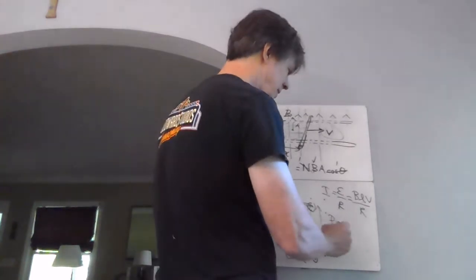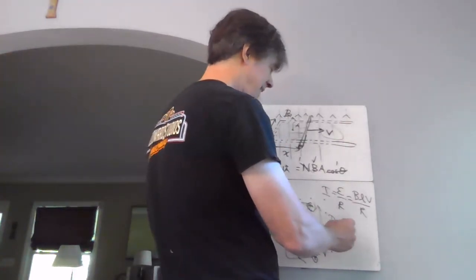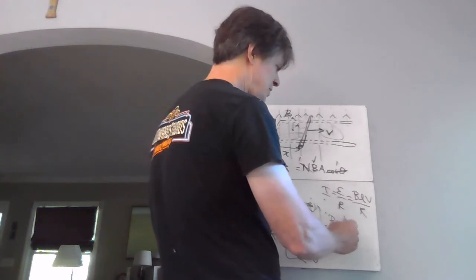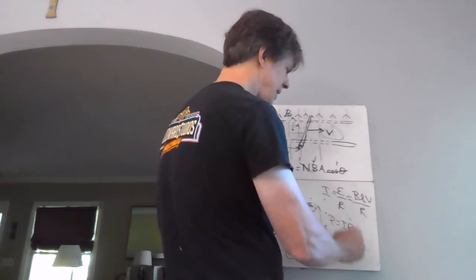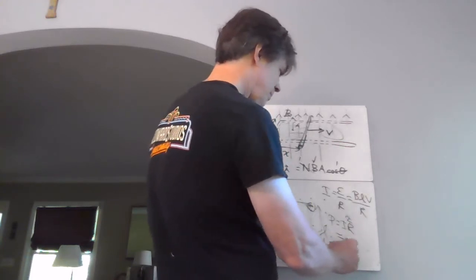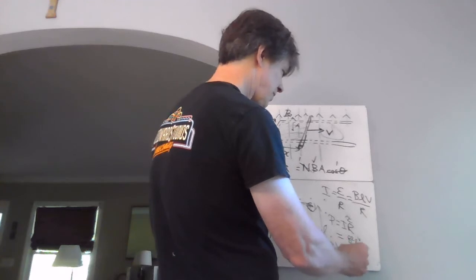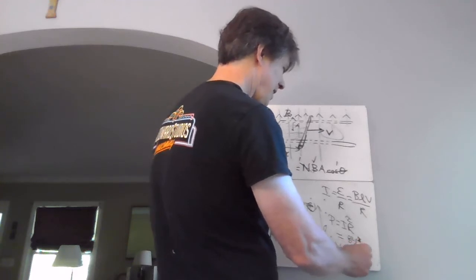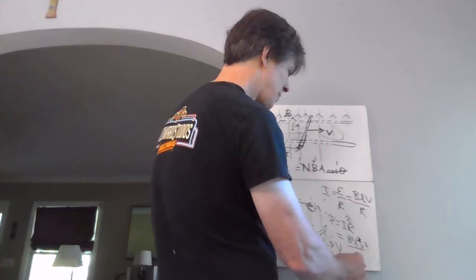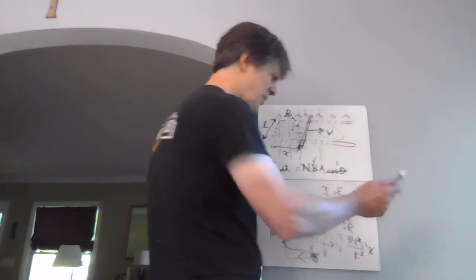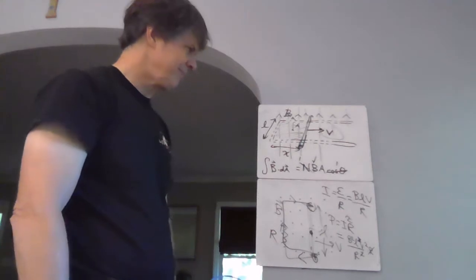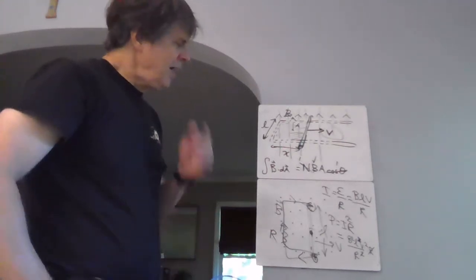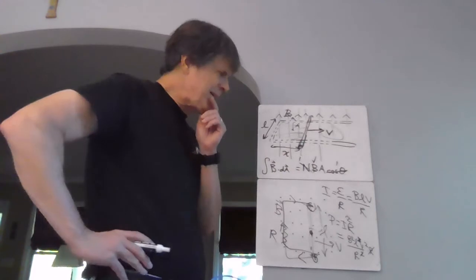The power would be I squared R, and I squared R would be B squared L squared V squared over R squared times R. And all of a sudden I got B squared L squared V squared over R for a power. This is kind of neat. I'm making electricity. There's some other interesting things about this.